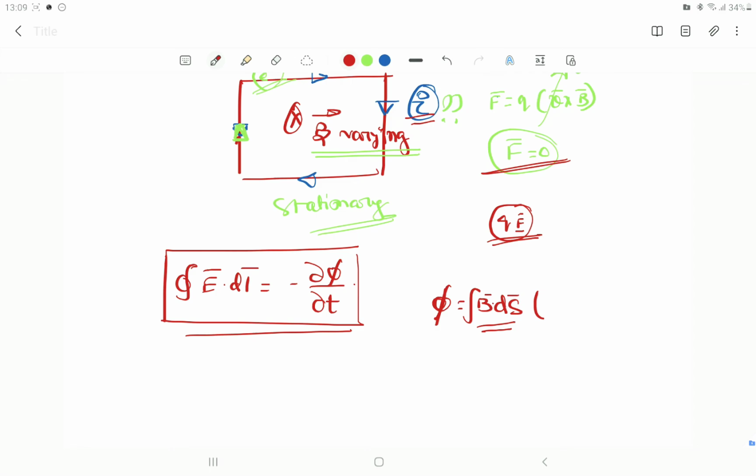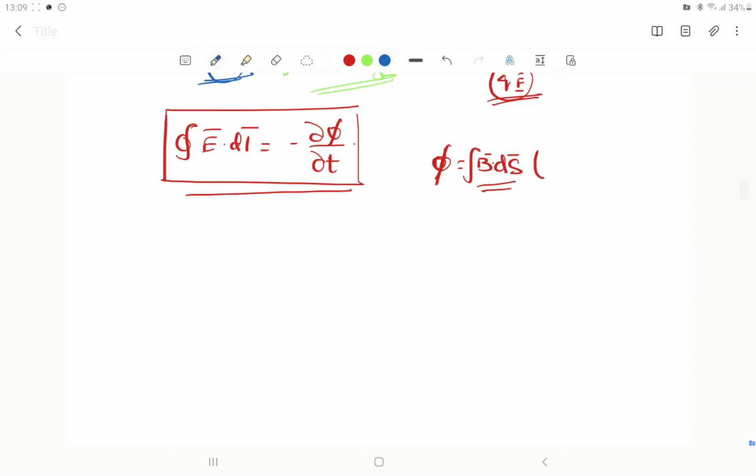So in our case, it's this loop we're interested in. The integration we're performing will be over any arbitrary surface stretched over this loop. As we are taking the partial derivative, I think this is an assumption that we must take. I mean, this is obvious.